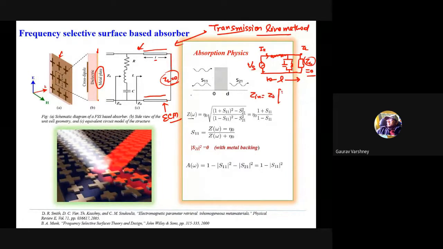Zin equals Z naught times (ZL plus jZ naught tan beta L) over (Z naught plus jZL tan beta L). If ZL equals 0, this part becomes 0 and this part becomes 0, so Zin equals jZ naught tan beta L.